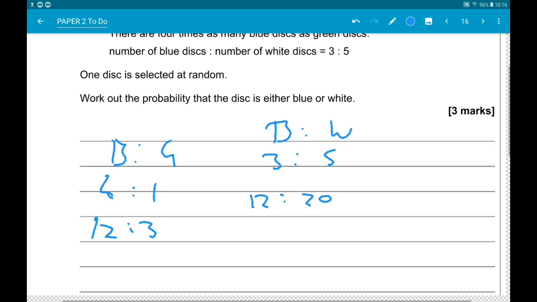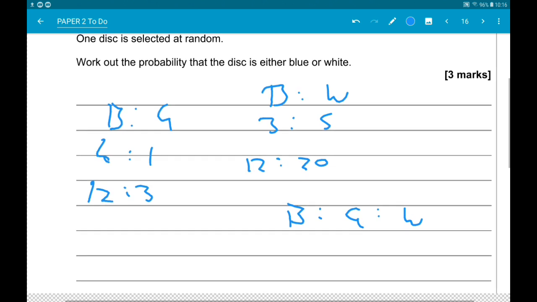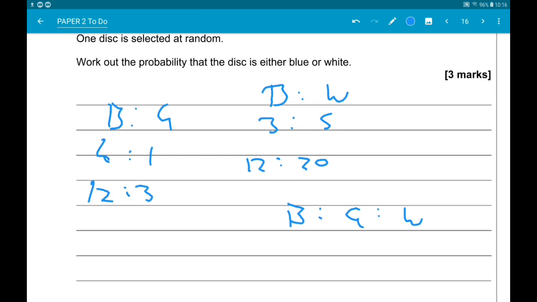So altogether, we could write blue to green to white is 12 to 3 to 20.